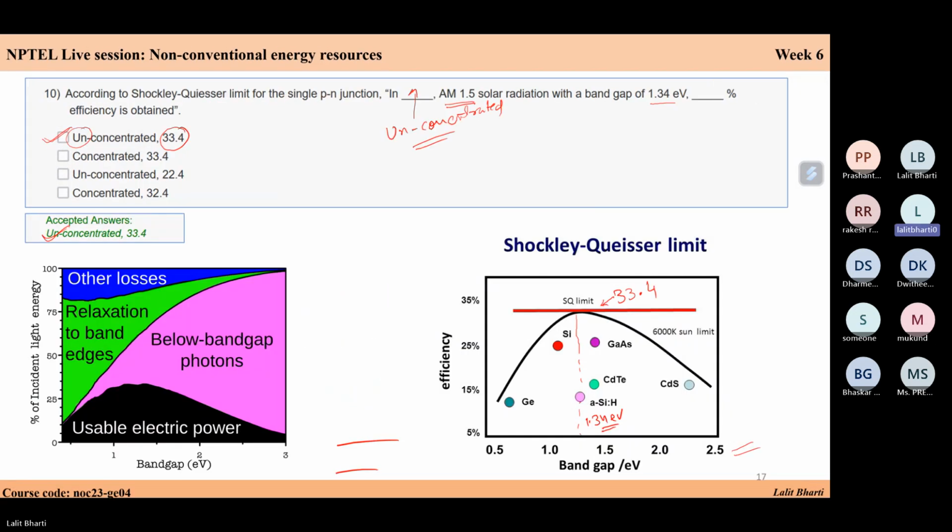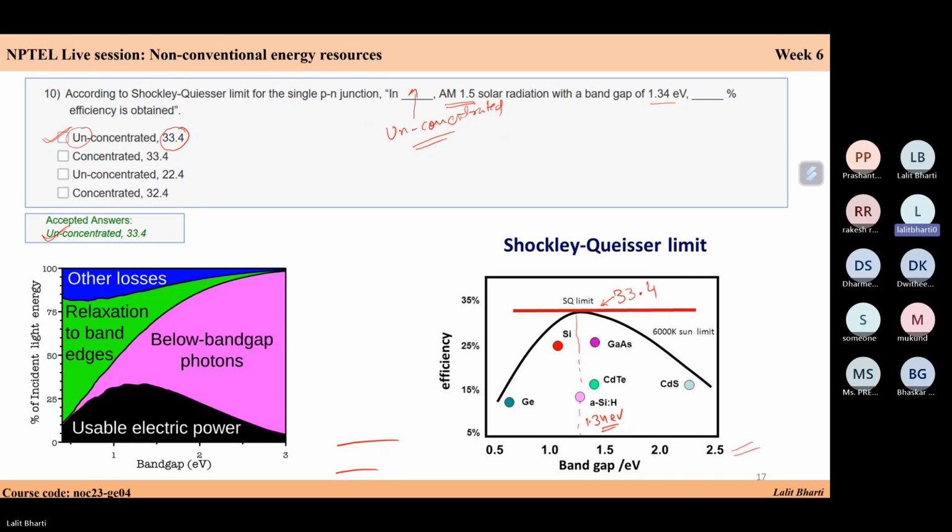It says, according to the SQ limit, or the Shockley-Queisser limit, for a single PN junction in blank AM 1.5 solar radiation with band gap of 1.3 electron volt, the efficiency is obtained. So then we again need to check the conditions of the SQ limit.